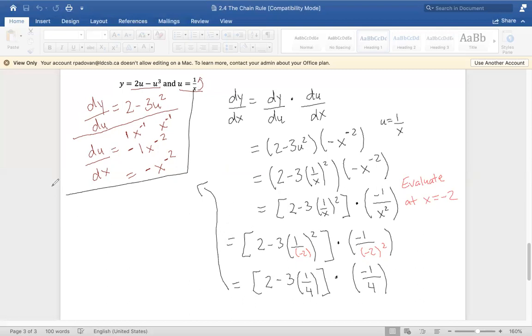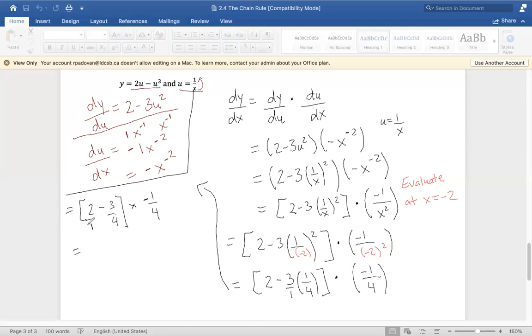So then here I would have, let's say, 2 minus, this would be 3 over 1. So 2 minus 3/4 multiplied by -1/4. In order to multiply, BEDMAS, brackets first, I have to subtract these fractions. So I need to get a common denominator.